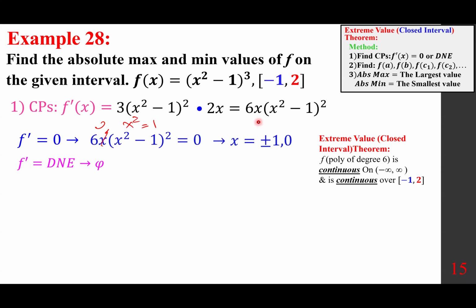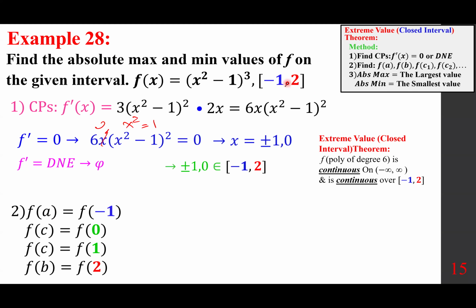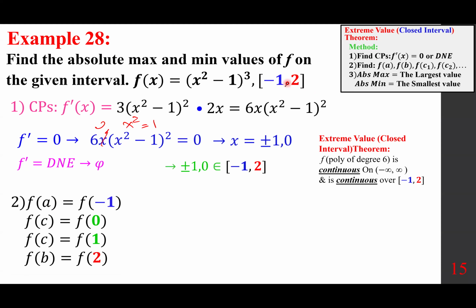So let's see what we can use. Can we use -1? It's one of the endpoints. Can we use +1? Yes, it's in between. Can we use 0? Yes, in between. So we're going to evaluate the function at all of the above. The original function we write. I'm going to put -1.